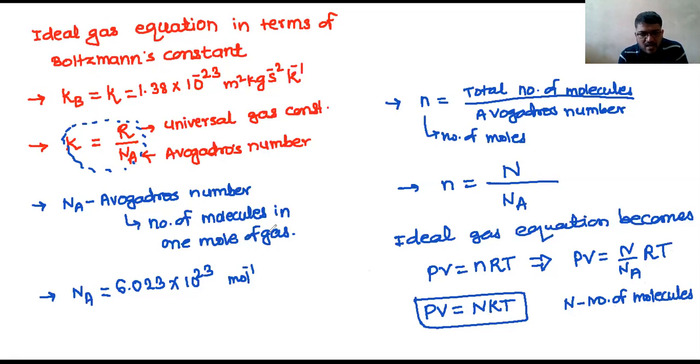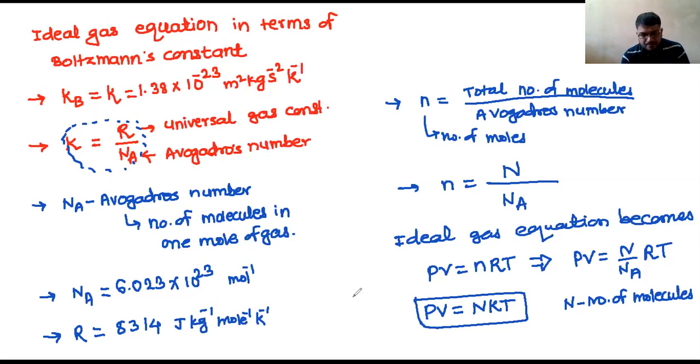I have given the Boltzmann constant value, and the universal gas constant value I am also giving you. R is equal to 8314 joule per kg mole inverse Kelvin inverse.